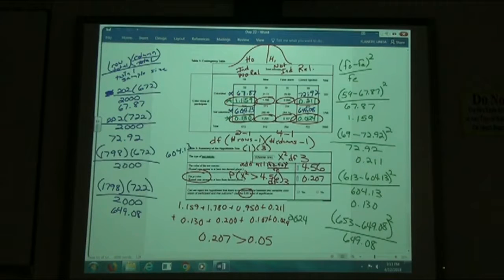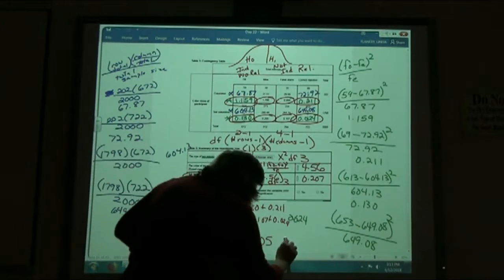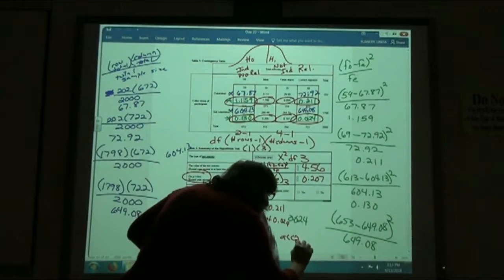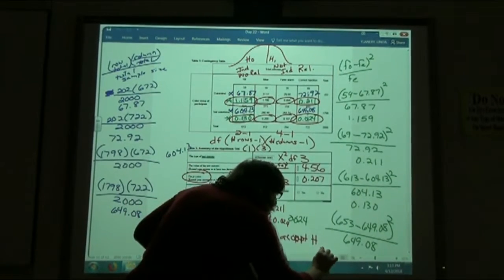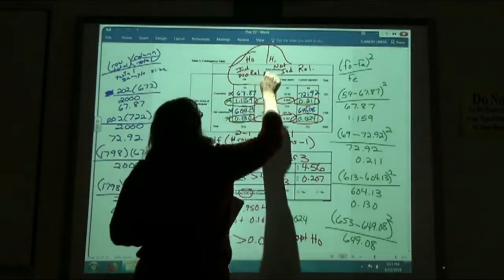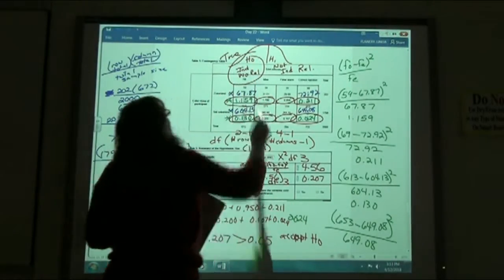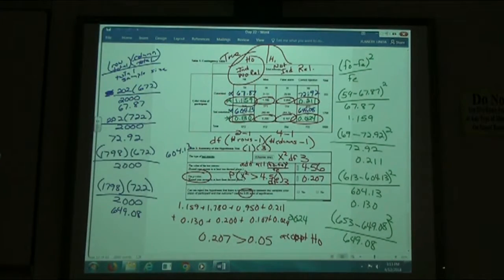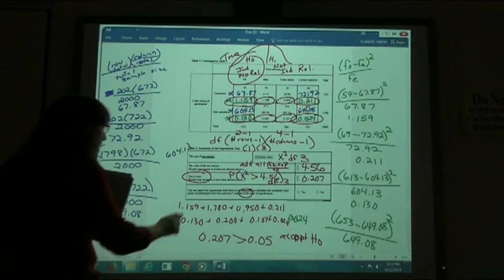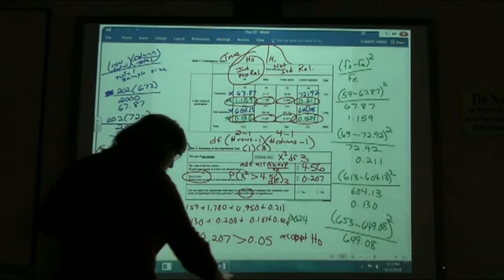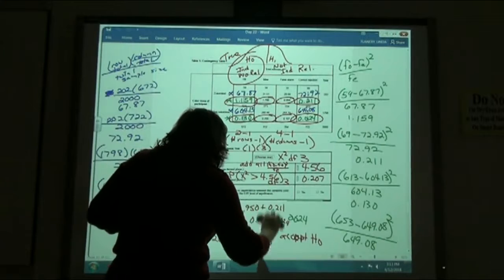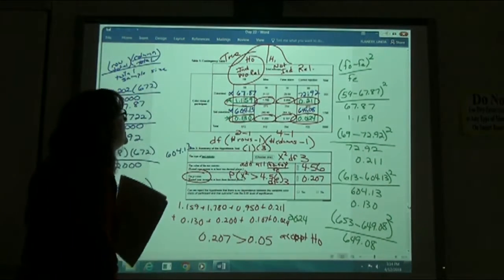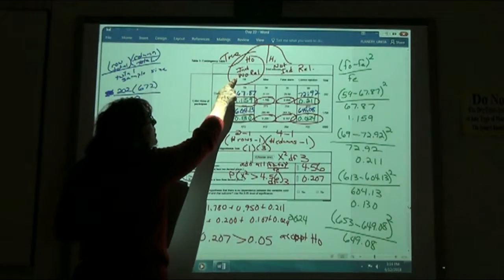If my p-value is greater than my level of significance, we accept the null, right? This is my true statement. So, can we reject there is no dependence?